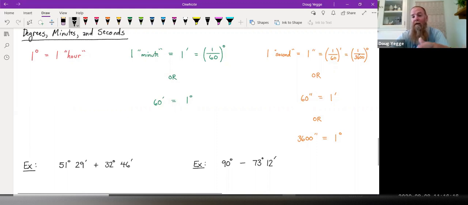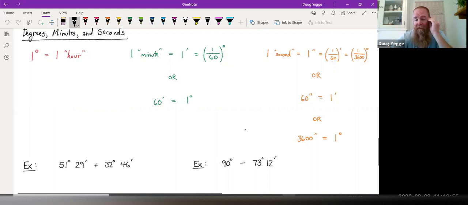We could also think about it in terms of degrees, or 1/3600th of a degree, because if there are 60 minutes in an hour and 60 seconds in a minute, then there are 3,600 seconds in 1 hour. So for every 3,600 seconds, we've gotten to 1 degree. So again, you've got to visualize or try to picture that 1 degree as being that tiny little sliver, that 360th of a full rotation. And now we're breaking up that single little degree into tinier little pieces.